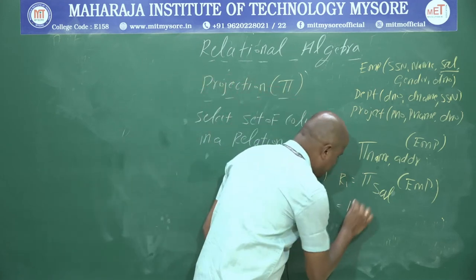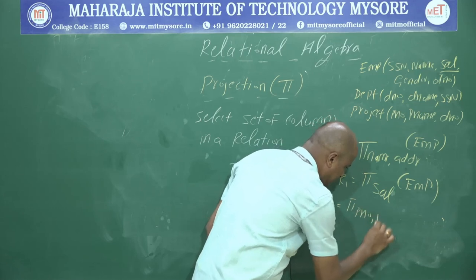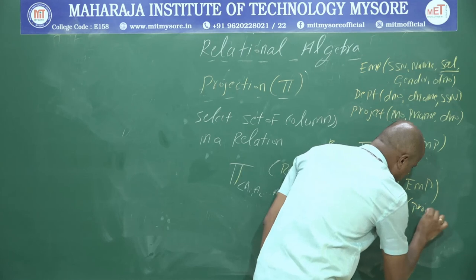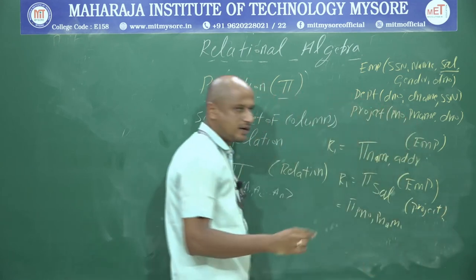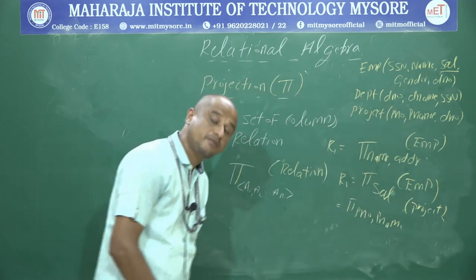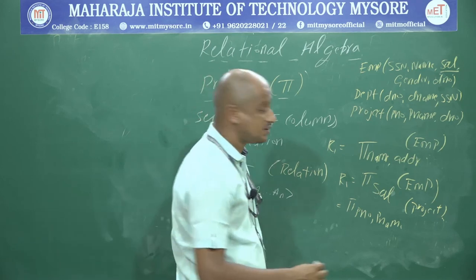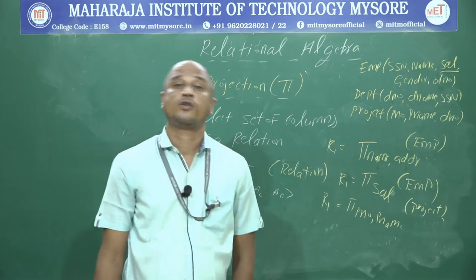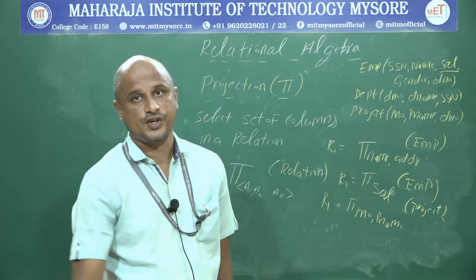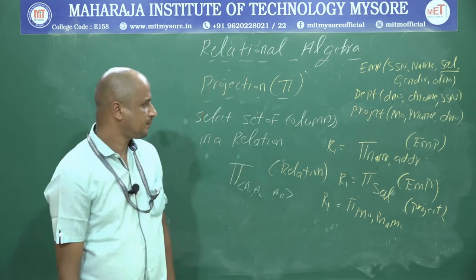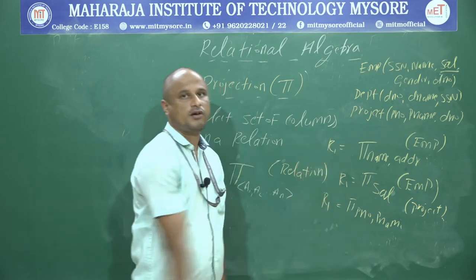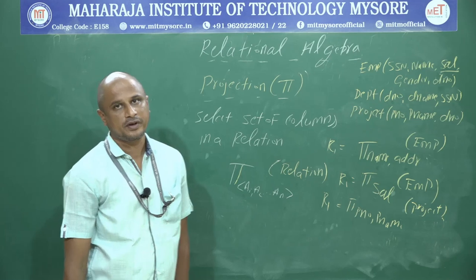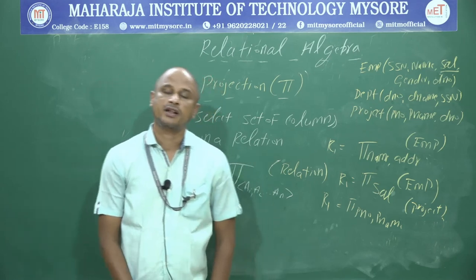So this is a simple way of retrieving project number and project name from the project table, to get only the project details required for any given specification. So this is retrieving only columns from a particular table, or from a particular database.